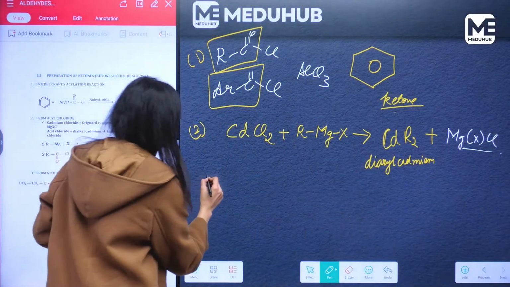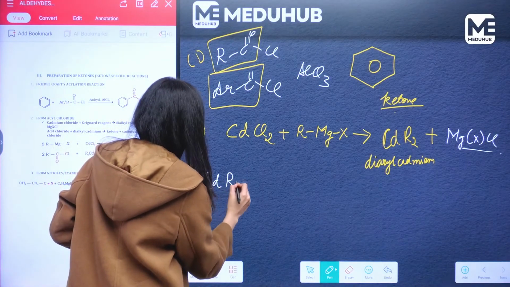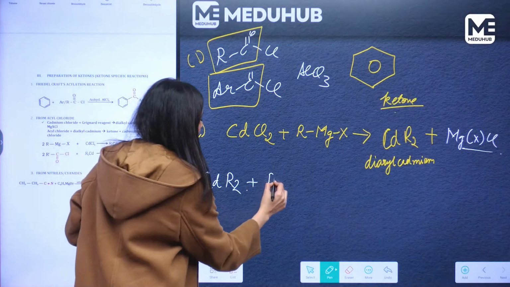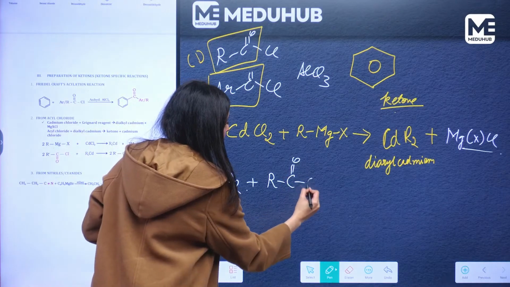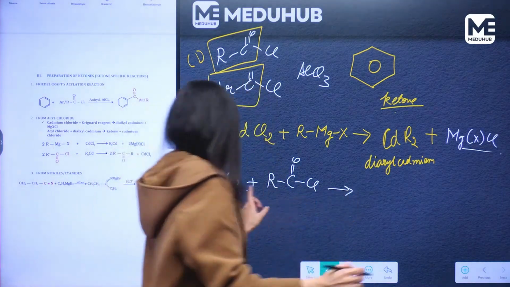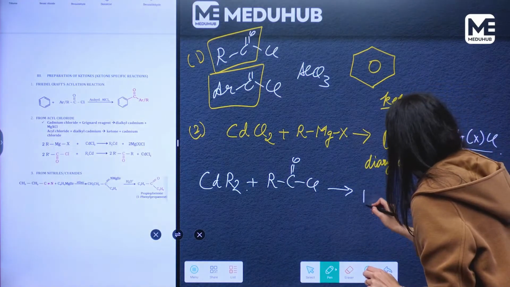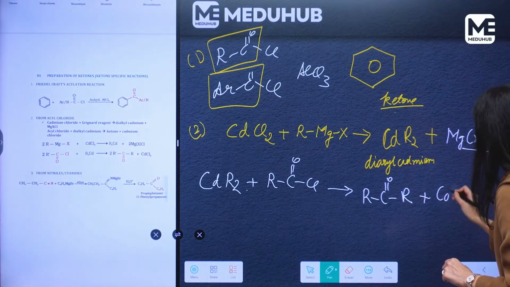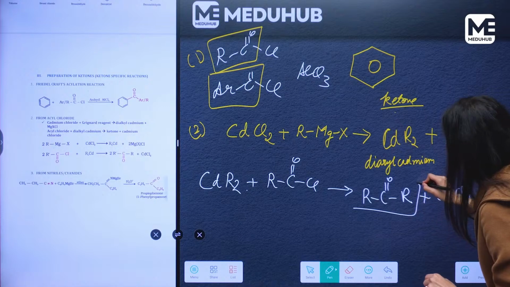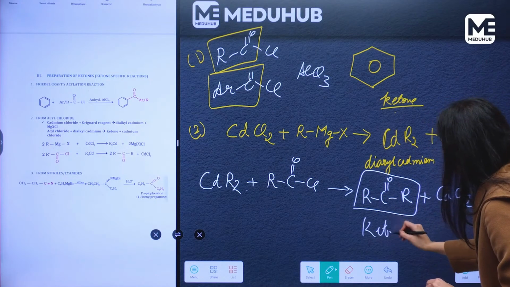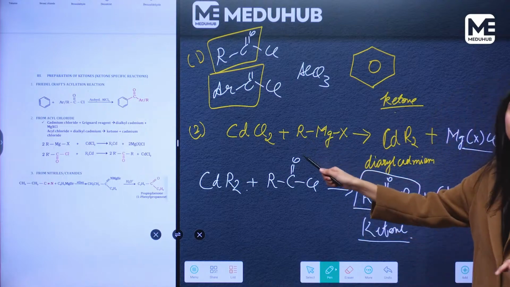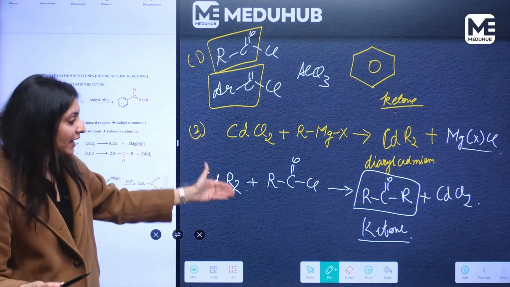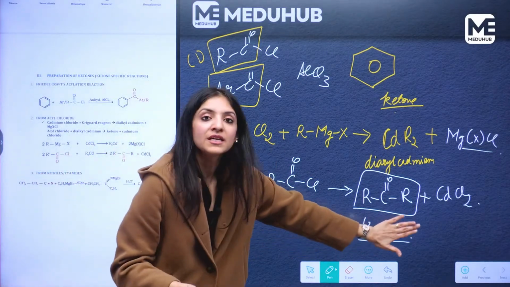Now this diaryl cadmium CdR2 reacts with a molecule of acid chloride again to give us the ketone. We will have RCOR, plus cadmium chloride will be regenerated. So this is how we get a ketone from an acid chloride and cadmium chloride. Cadmium chloride is first reacted with a Grignard reagent, and then the diaryl cadmium that we get is treated with an acid chloride to give us the ketone here.